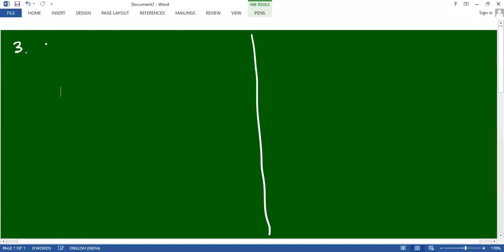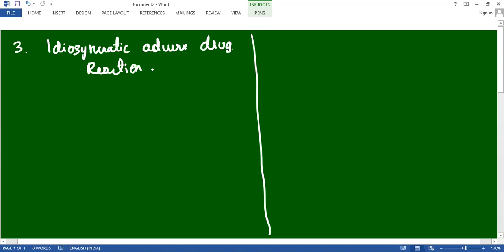And the third type is the idiosyncratic effect, an adverse drug reaction. So this is unpredictable.